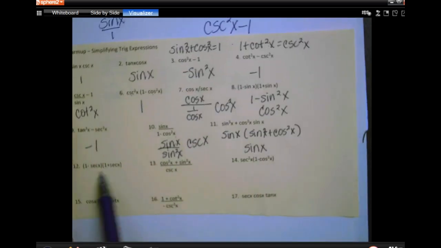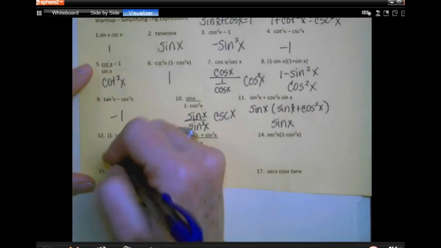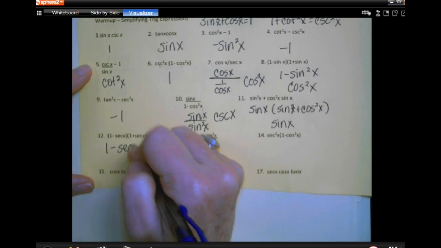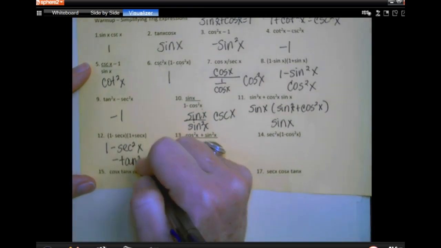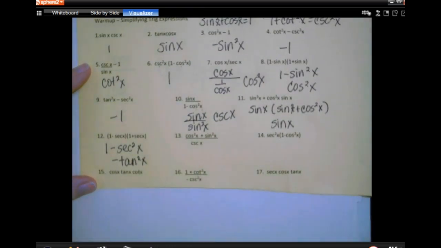So 1 minus secant squared, 1 plus secant. 1 minus secant squared of x. Negative tangent. It is. Oh yeah, I don't know why.